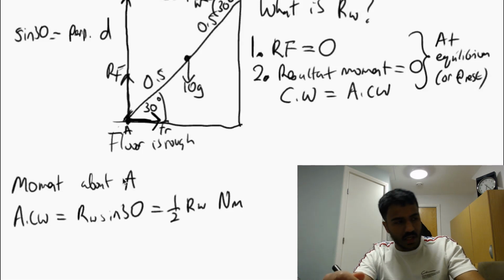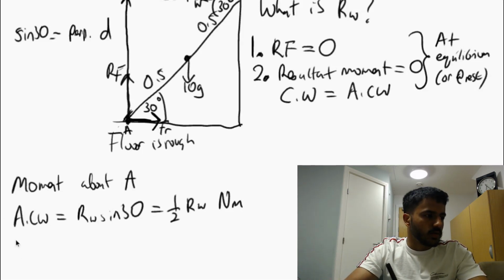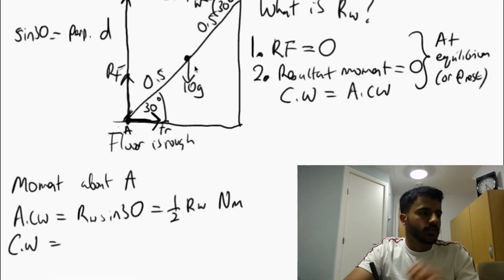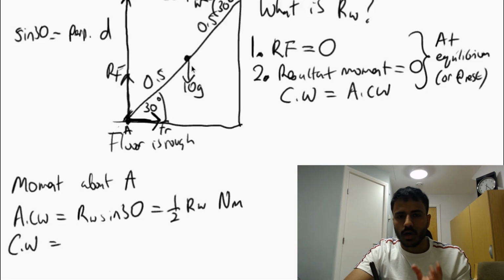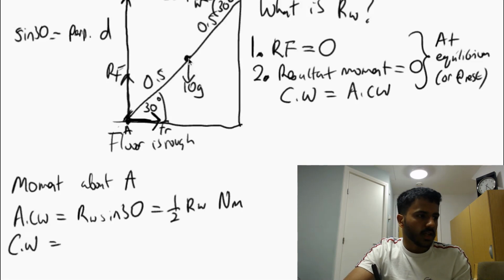And now you have to do the same thing for the clockwise moment. You have to resolve this 10g force such that it is perpendicular to the distance. So I can draw a line here, and we know that this angle here is also 30 degrees.